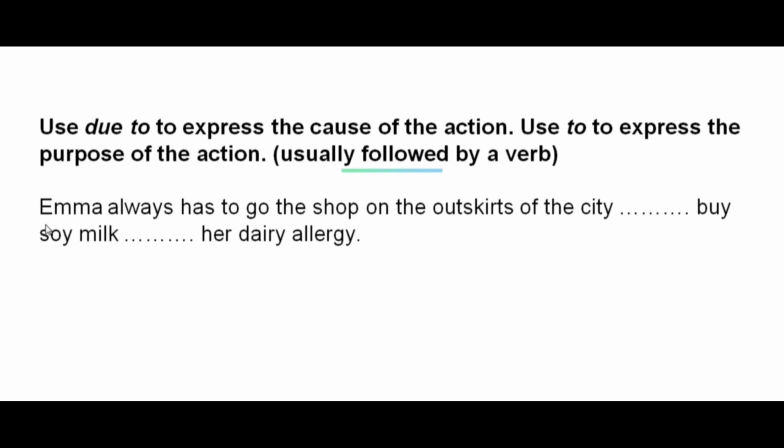Emma always has to go to the shop on the outskirts of the city, blank, buy soy milk, blank, her dairy allergy. Emma always has to go to the shop on the outskirts of the city to buy soy milk due to her dairy allergy.